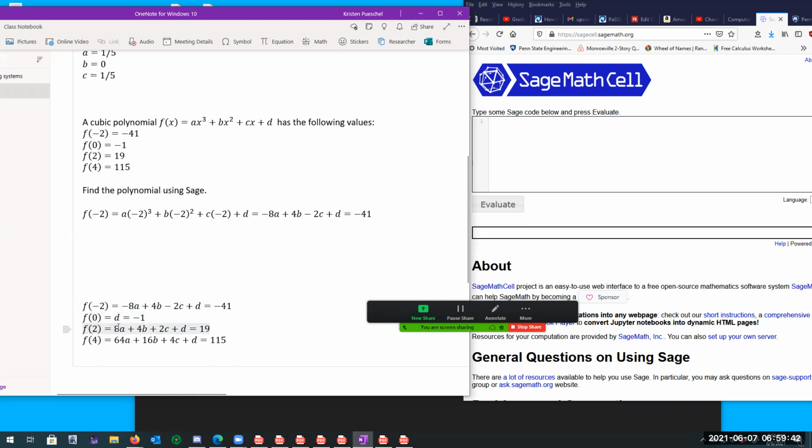Here, the 2 cubed becomes 8, so we get 8a. And then 4 cubed gives us 64a. So we see here that figuring out these unknown coefficients corresponds to solving this system where we have 4 equations and 4 unknowns.